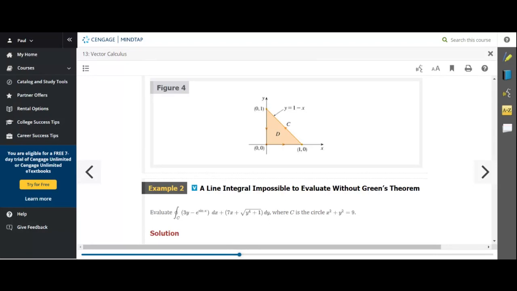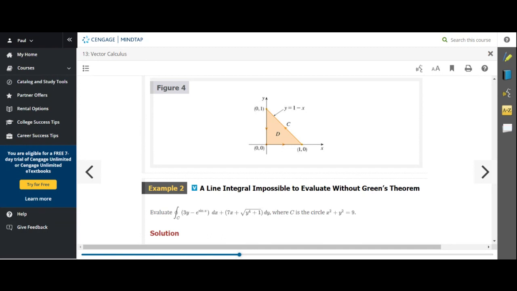In section 13.2, you have a line integral along a curve C. How many line segments are there in the closed curve C? 3. That's right. So in section 13.2, you would have to compute 3 line integrals and add them up.